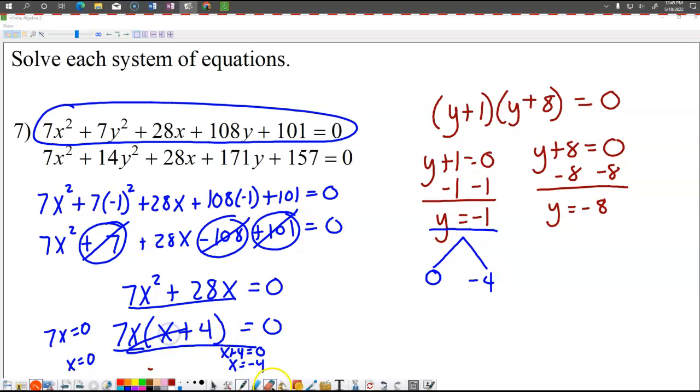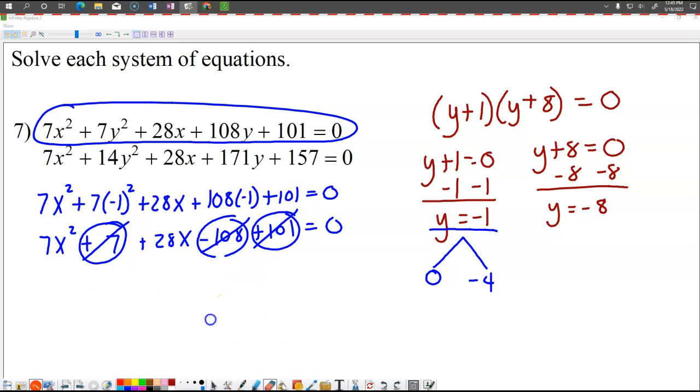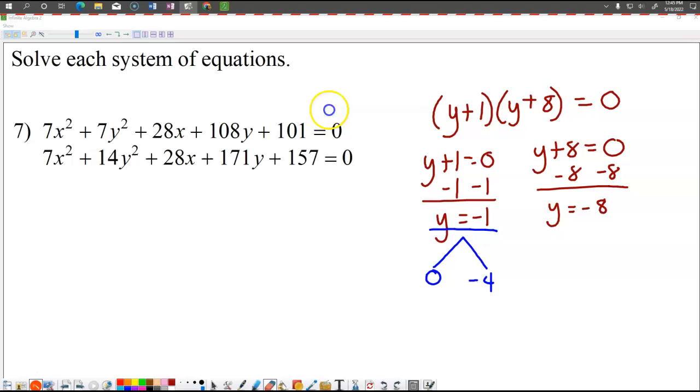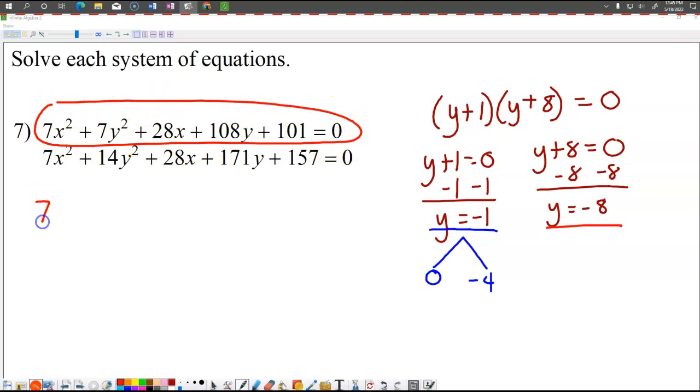Now I have to do this whole thing again for the other y value that we got from our first step. This time I'm going to plug negative 8 into the top equation. Let's see what we get. Unfortunately, the number is going to be a little bit bigger this time, so I'll probably need my calculator.